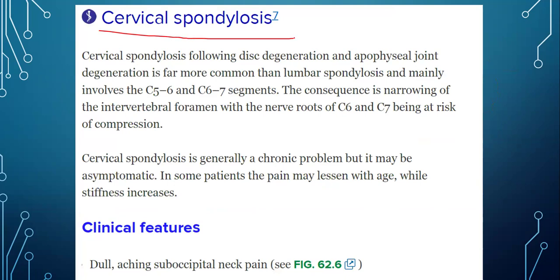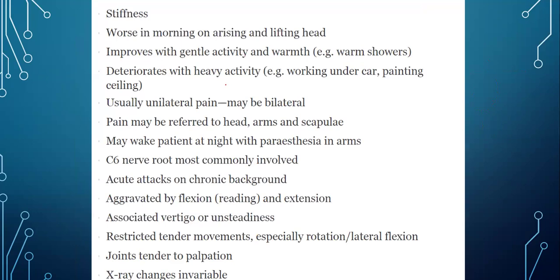Cervical spondylosis is the same thing like lumbar spondylosis. It's a degeneration of the cervical disc and the vertebra. So for cervical spondylosis, patient will have this kind of dull aching pain in the neck, and this patient can have pain worse in the morning, can get improved with gentle activity, but deteriorate with heavy activity.